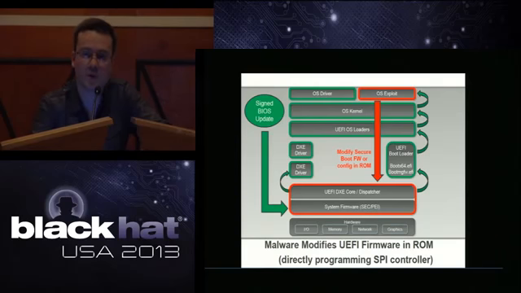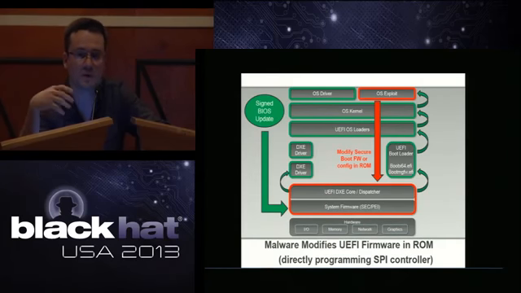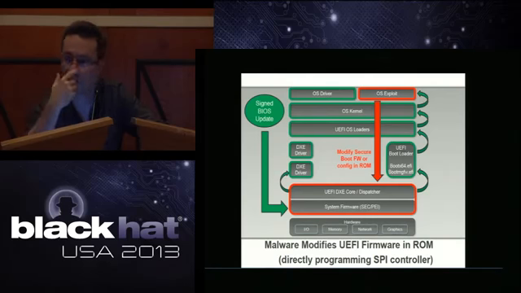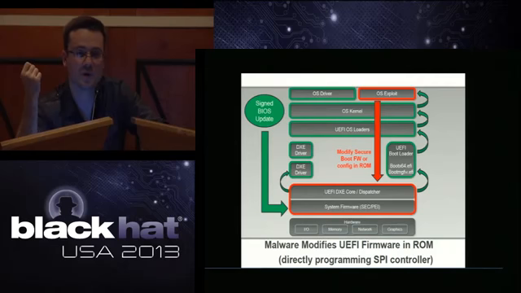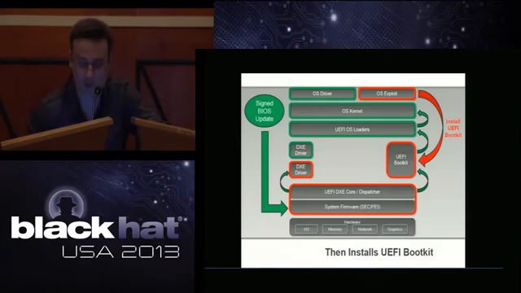So the exploit will go directly to the SPI controller and talk to it through configuration registers in MMIO or PCI config space. We'll program that SPI controller, issue a set of SPI writes, and modify directly the firmware on the SPI flash or the NVRAM with all the keys. Then after that, the exploit would install the bootkit.